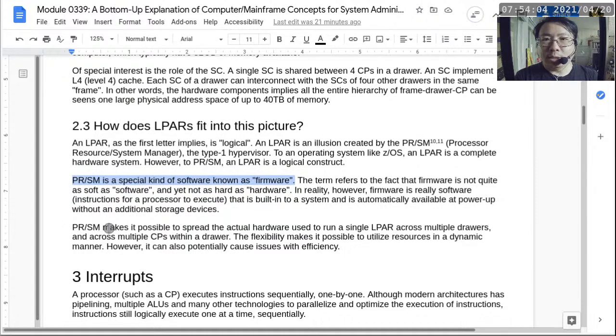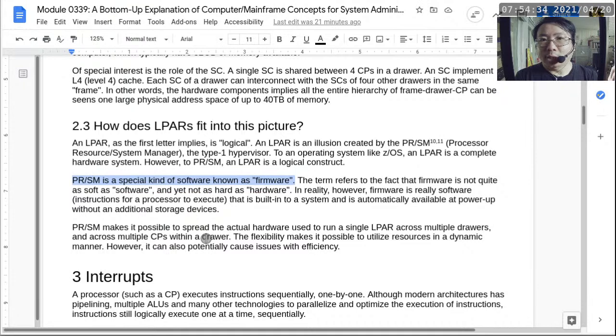But the bottom line is PRSM, using a frame, can run a single LPAR across multiple drawers and across multiple CPs within a drawer. So in theory, you can scatter a single LPAR, in terms of memory and also processing, across a whole bunch of different components inside a frame.